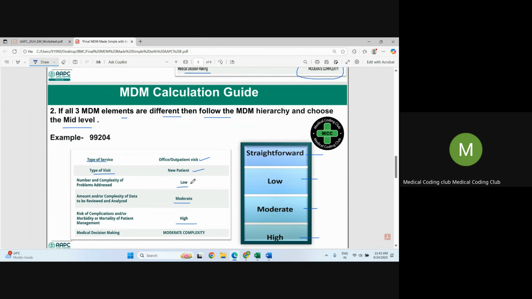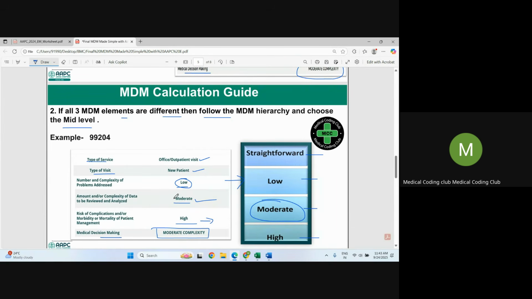To give it a low level, it will be the least one, and to give it a high level, it will be the highest one. So in average you are getting moderate, which is in the mid. So you can select moderate as your final MDM. Final MDM is moderate complexity.